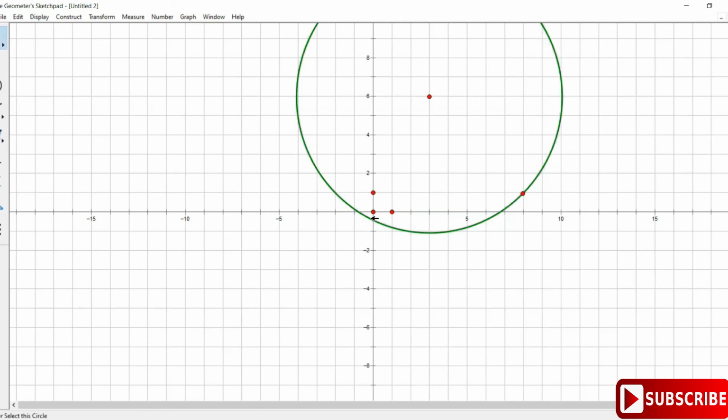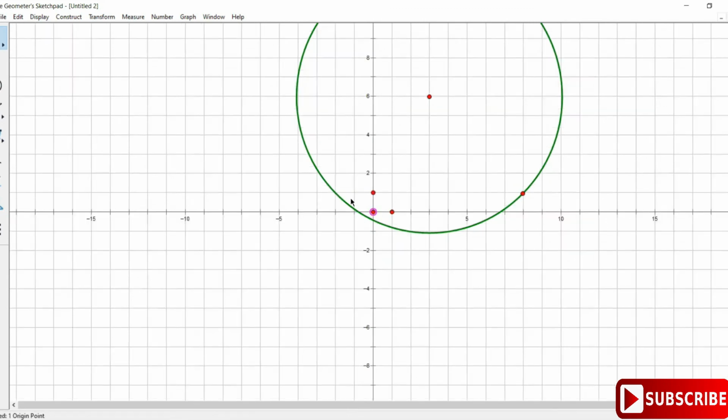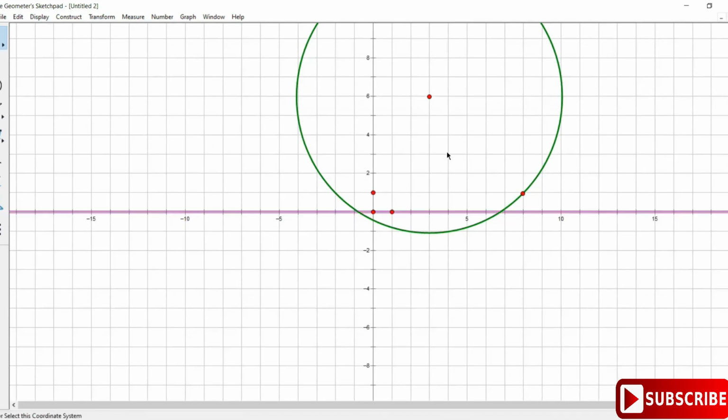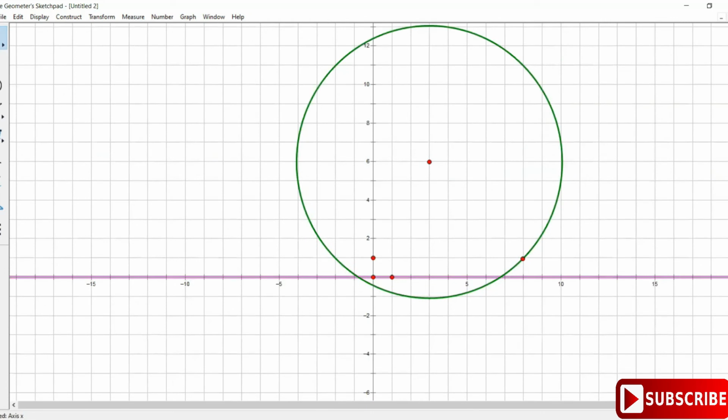Let's drag down the graph just a little bit. All right, so we can see at the top now. This is the point (8, 1), as you can see.